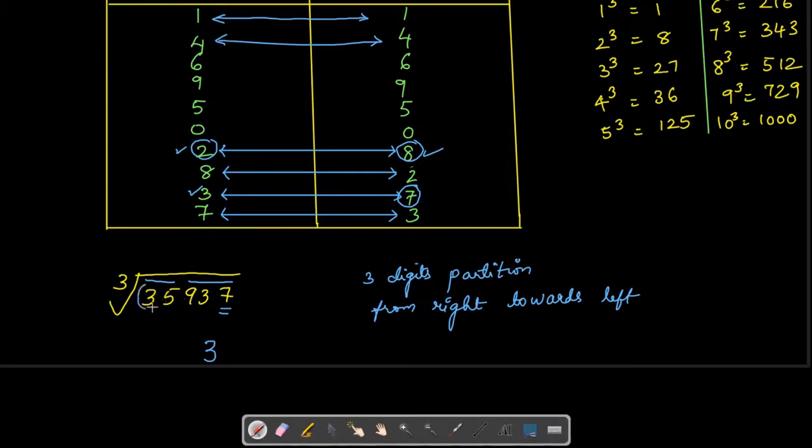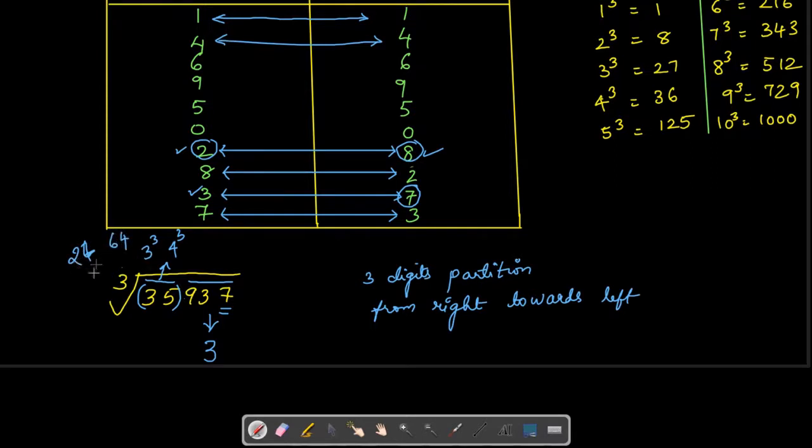And now if I take the first part, that is 35, this 35 lies in between 3 cube and 4 cube. What is the value of 3 cube? 3 cube value is 27 and 4 cube value is 64.